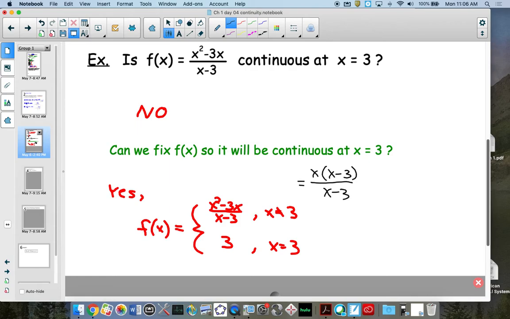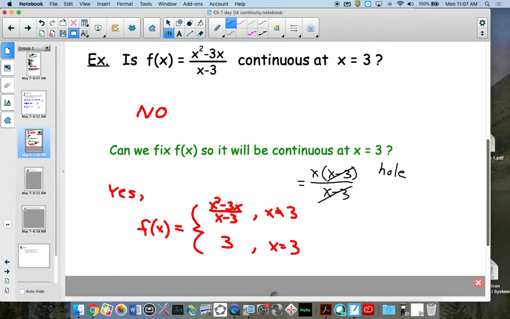And as we've learned before, in this case, where one of the factors in your denominator cancels with a factor in the numerator, then that means that we have a hole in the graph at the value that would make that 0. So at x equals 3, we have a hole in the graph, and that we can fix. On the other hand, if we weren't able to cancel the x minus 3 factor, then it would be an asymptote, and we can't fix that. That's too big a problem. But with a hole, all we need to do is plug in the hole.